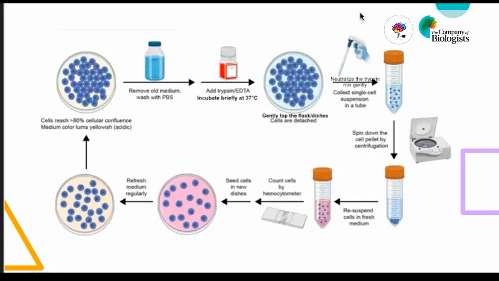Once done, neutralize the trypsin, mix gently, collect the suspension, and centrifuge for 5 to 10 minutes. After that, resuspend the cell pellet in fresh medium, count the cells, and seed an appropriate volume in a new flask or dishes. That's it.